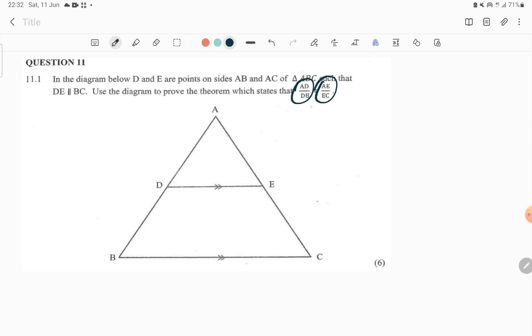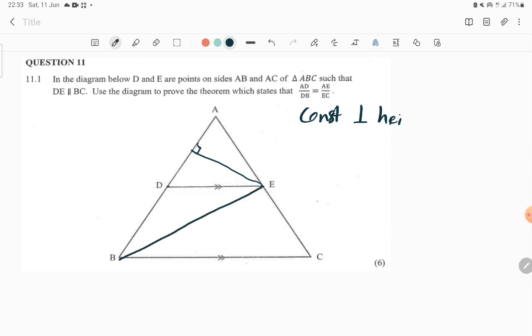The idea is to construct a perpendicular height, which is this one. Let's say this one is perpendicular to that base, and we construct this line.